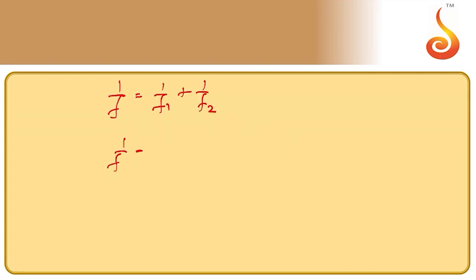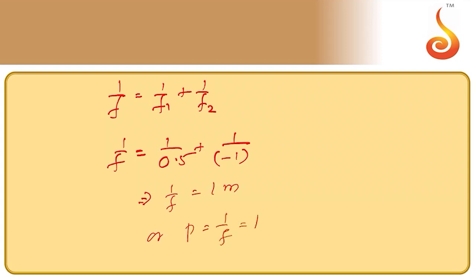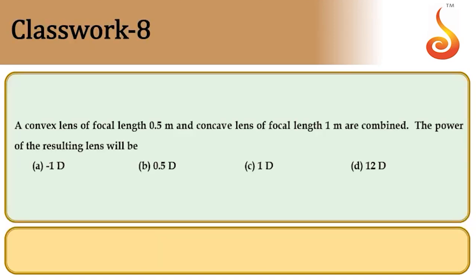So 1 by F is equal to 1 by 0.5 plus 1 by minus 1. That gives us 1 by F is equal to 1, or power is equal to 1 by F, that is nothing but 1 diopter. So the power of the resulting lens is 1 diopter.